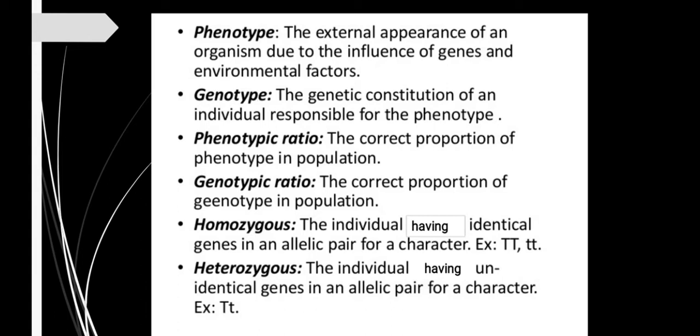So homozygous means that particular individual is having identical genes in an allelic pair. Whereas heterozygous, if that individual is having a dissimilar pair of alleles for that particular gene, that individual is said to be heterozygous. For example, capital T, small t, it's heterozygous. Both the alleles are different. It is capital T and small t.